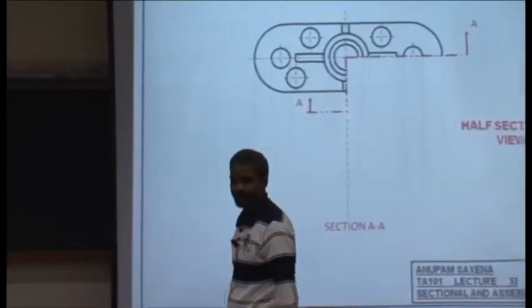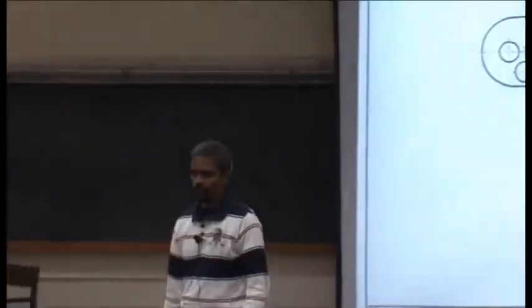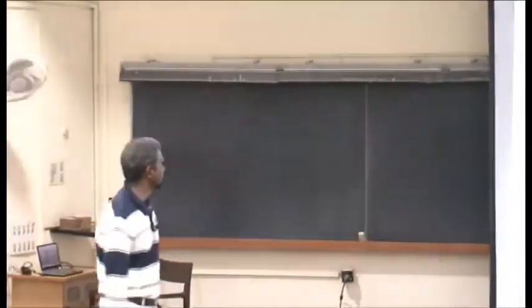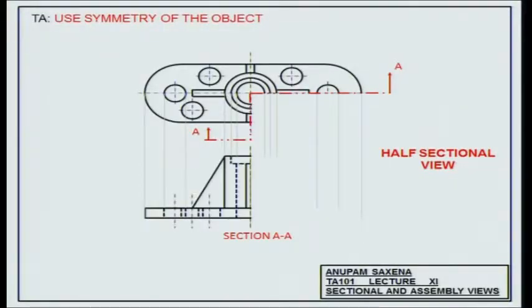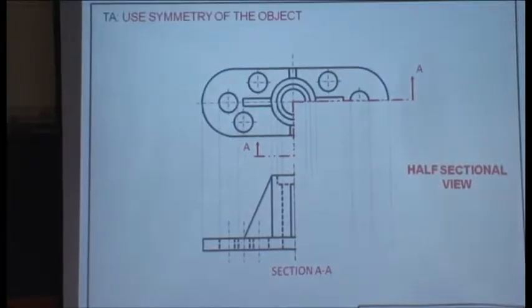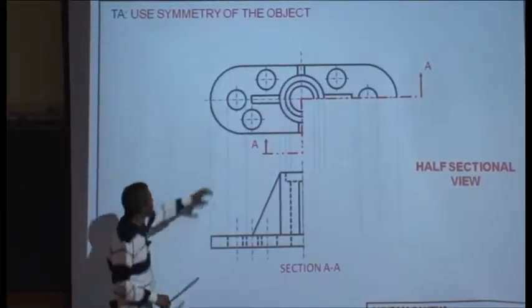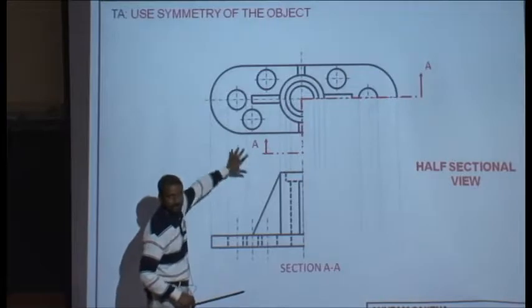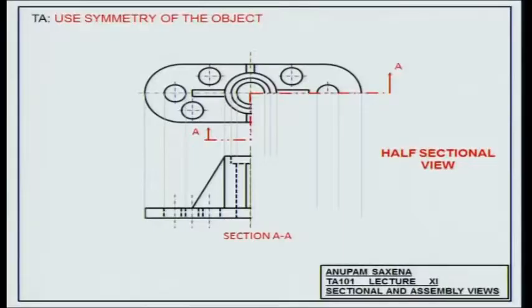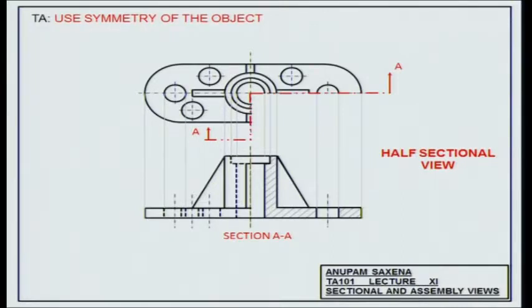Take it off. The part on the left in the front view stays the same as if you're taking the front view of the entire object on the left. The part on the right is sectioned.